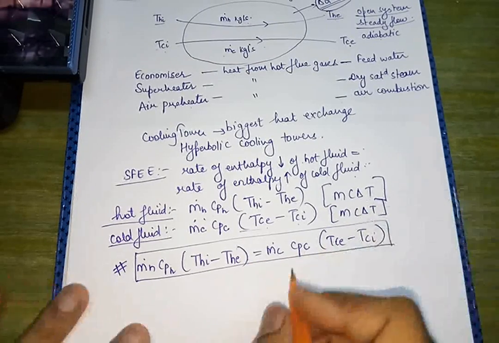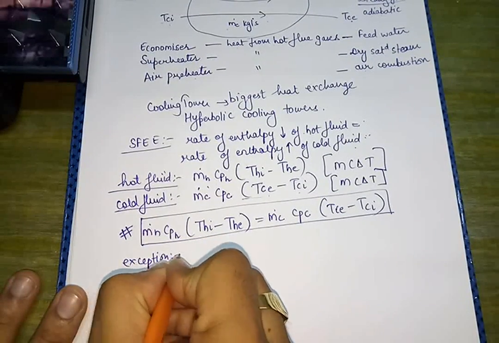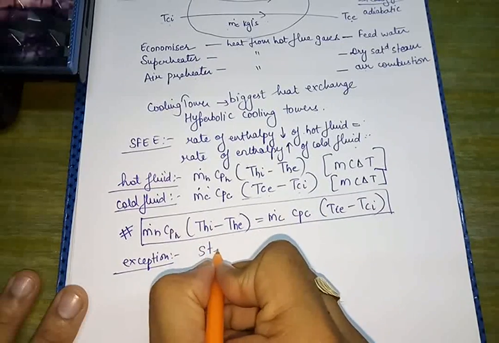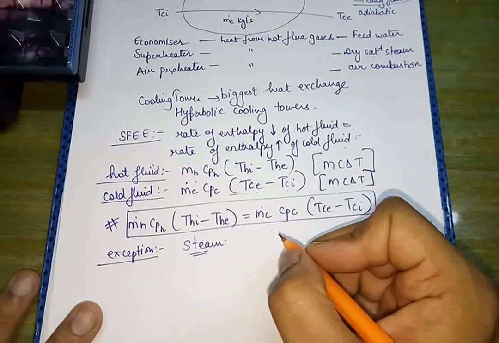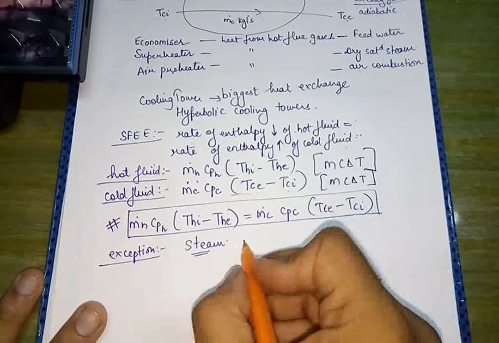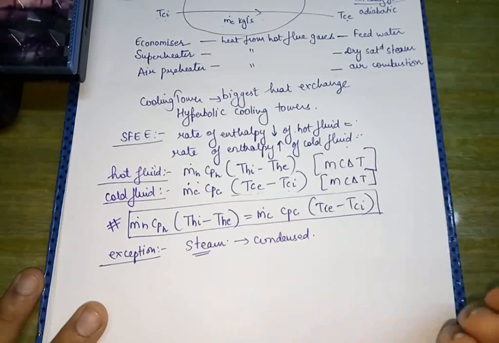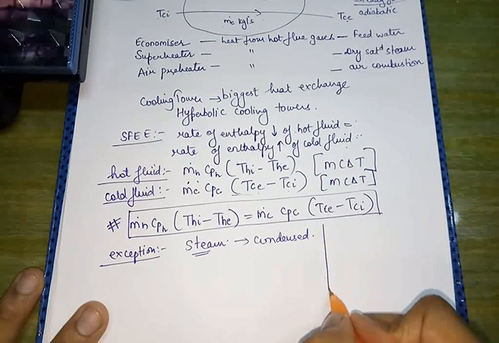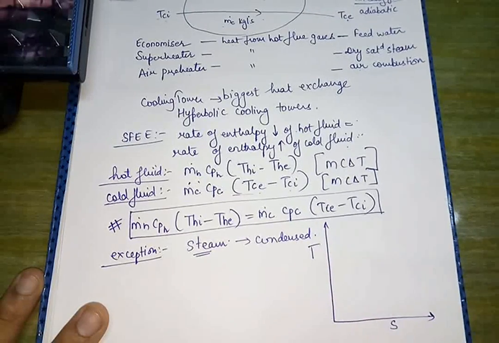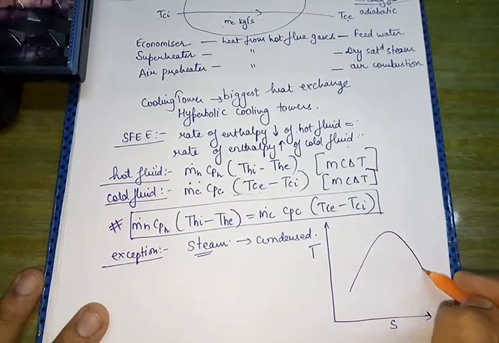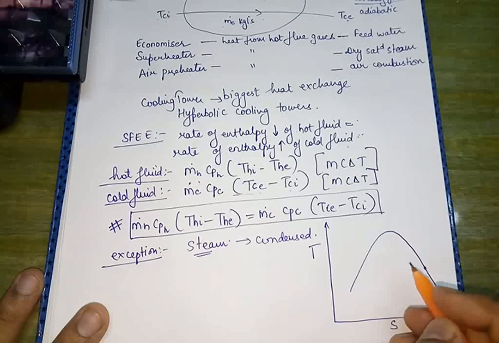Now, there is one exception. An exception is steam. For example, if any system is having condensation of steam, and if we plot a graph of temperature versus entropy, here we have the saturated steam.